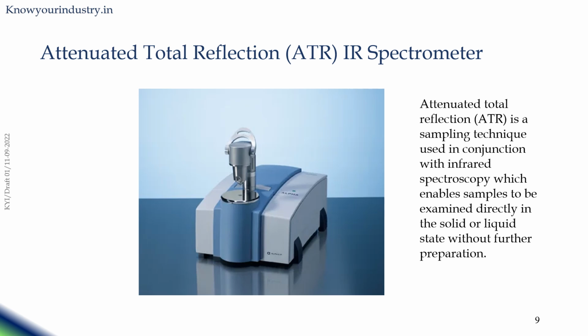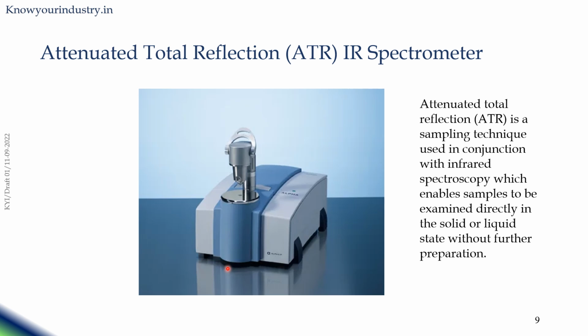In this particular slide, we are seeing the attenuated total reflection infrared spectrophotometer, ATR infrared spectrophotometer. Attenuated total reflection is a sampling technique used in conjunction with infrared spectroscopy, which enables samples to be examined directly in the solid or liquid state without further preparation. So basically, this particular instrument enables you to use the samples directly, either solid or liquid.